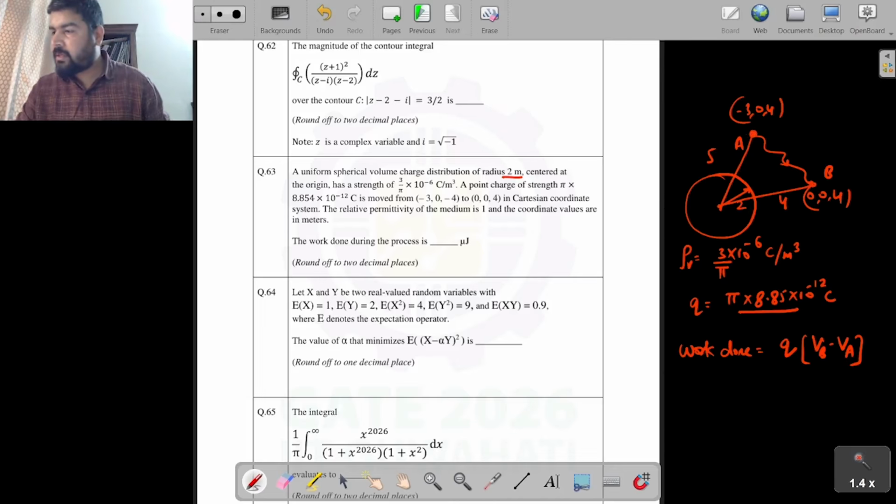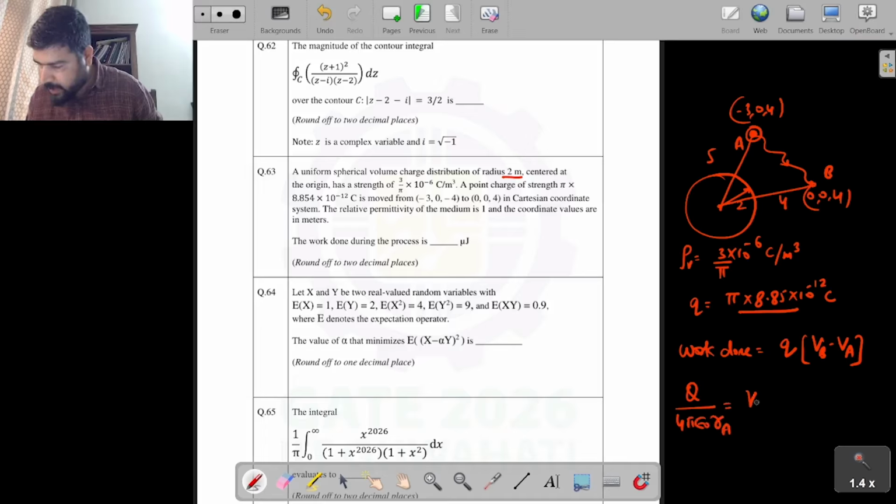From these two locations, this spherical charge distribution will act as a point charge. The potential at A with respect to infinity will be total charge Q divided by 4 pi epsilon naught RA, and potential at B with respect to infinity is total charge Q divided by 4 pi epsilon naught RB.